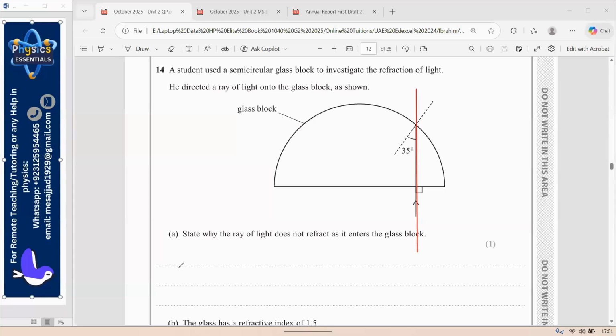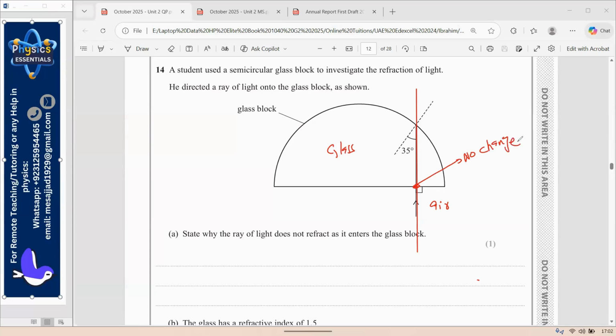So when the incident ray and the normal have no angle between them, like they are along each other, it means the light is not going to change its path when it is moving from air to glass. Okay, no change at this point.